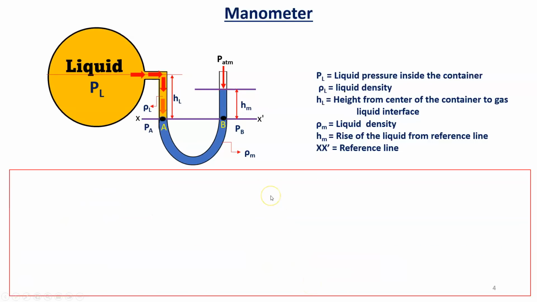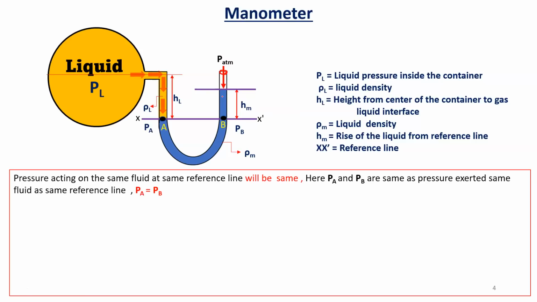Now similarly, if the container has liquid and the other end of that manometer is open to atmosphere, again atmospheric pressure is acting on the right hand limb of the U-tube manometer. Now how do you calculate the pressure PL? Same thing. First we have to draw the reference line, and then PA is equal to PB, and first we have to calculate PA.